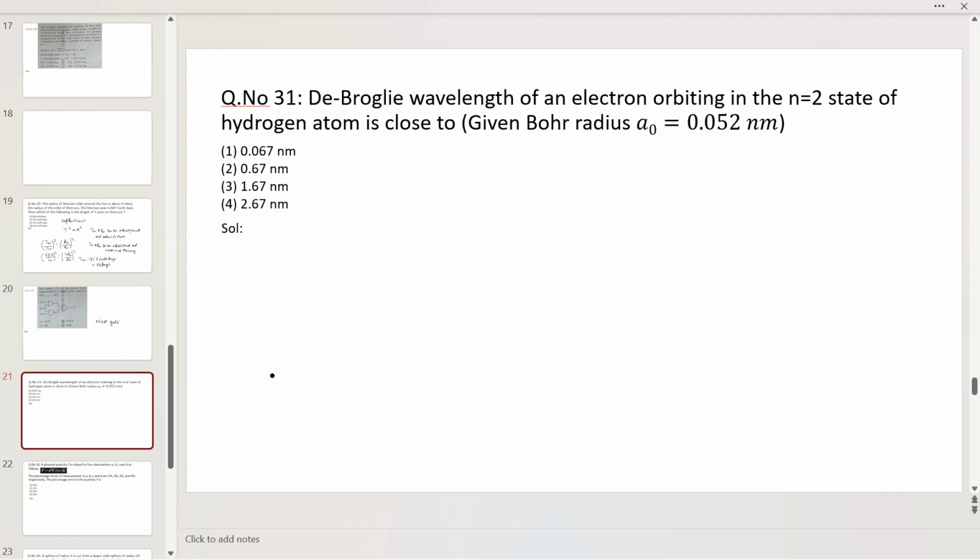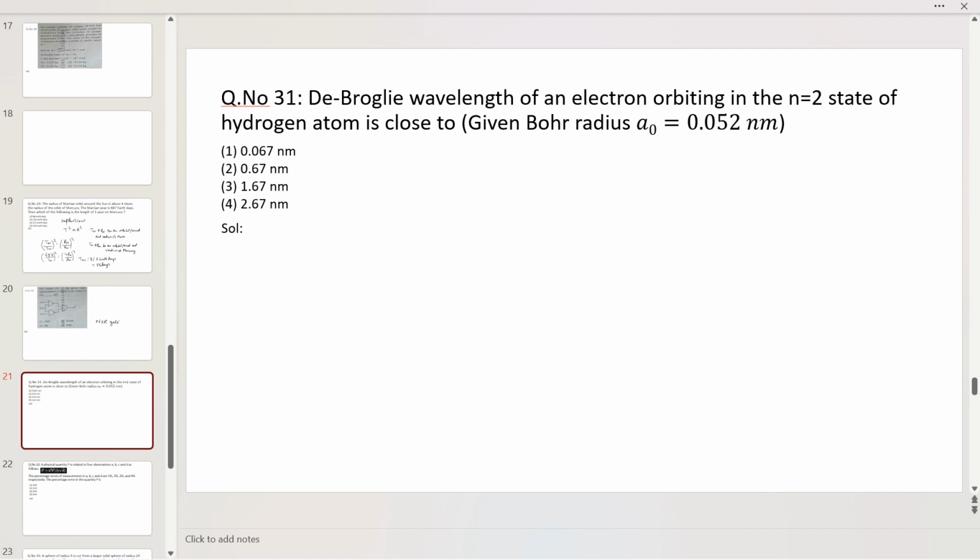de Broglie wavelength of an electron orbiting in the n equal to 2 state of hydrogen is close to.